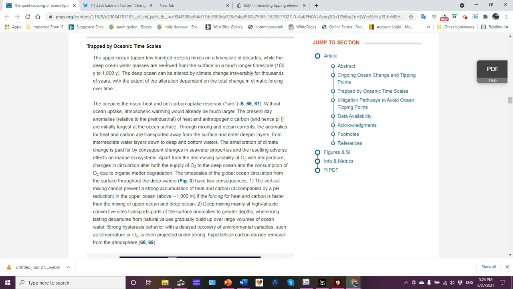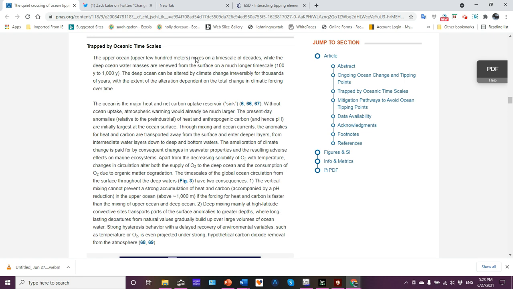The upper ocean, the upper few hundred meters, mixes on a time scale of decades, while the deep ocean water masses are renewed from the surface on a much longer time scale, 100 years to thousands of years. The deep ocean can be altered by climate change irreversibly for thousands of years, with the extent of the alteration dependent on the total change in climate forcing over time.